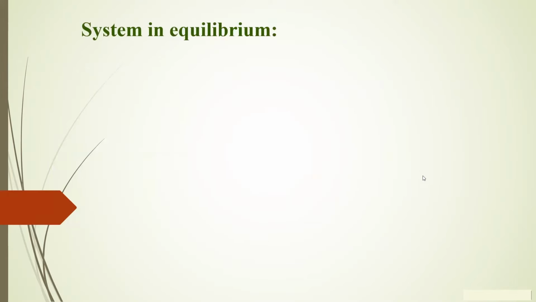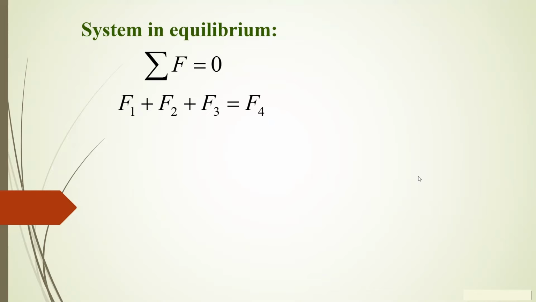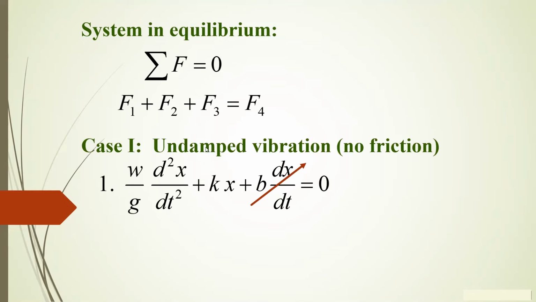So let us do the equations. So again, summation of forces is 0. That means F1 plus F2 plus F3 equals F4. F4 could be 0, F3 could be 0 as well. So for an undamped vibration, no friction, F1 plus F2 equals 0. So case 1, if there are no external forces, it's equal to 0.